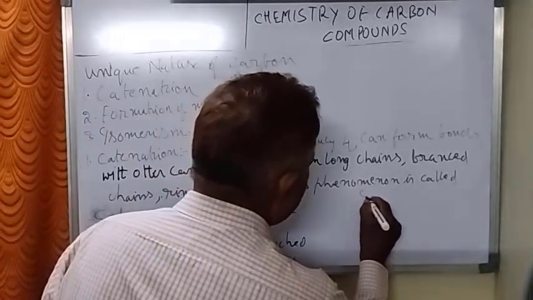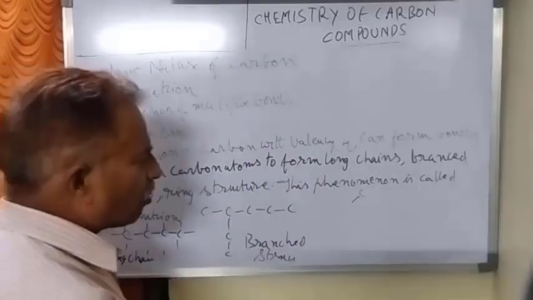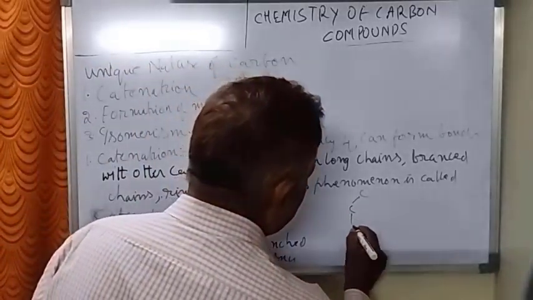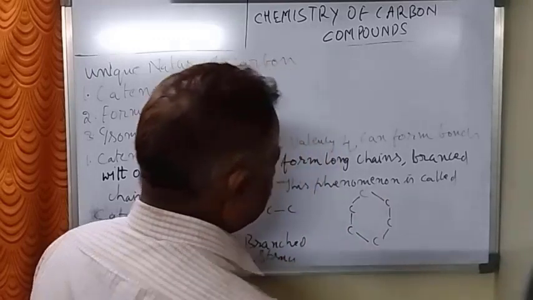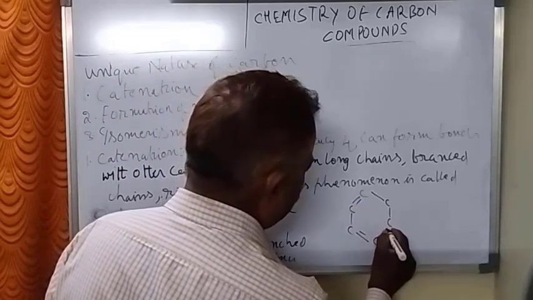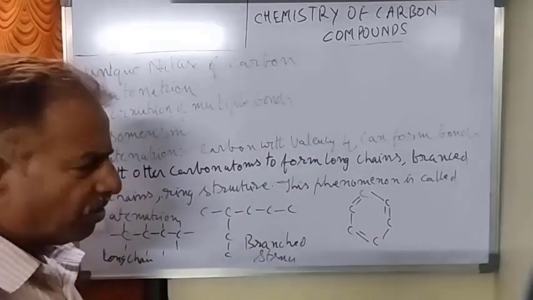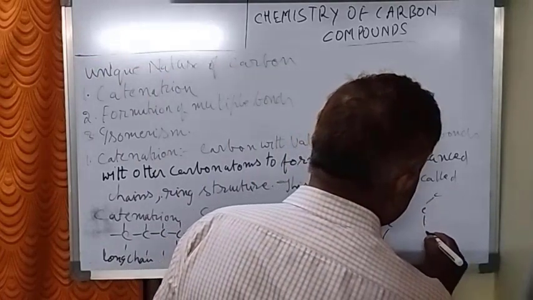And ring structures. Ring structures means the two ends of the long chain are connected with each other. Therefore we get ring structures. If you keep alternate double bonds here, this is benzene. If double bonds are not there, this is cyclohexane.